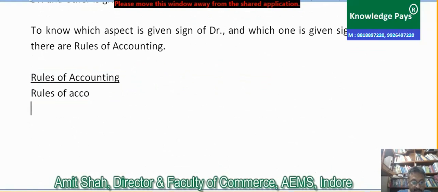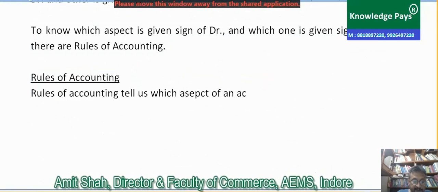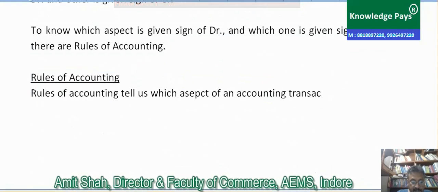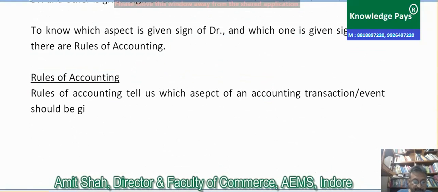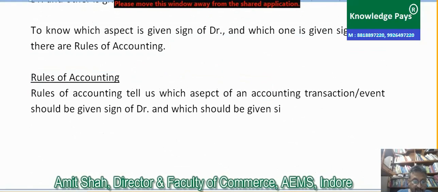So rules of accounting, though I have already mentioned it here, tell us which aspect of an accounting transaction or accounting event should be given sign of debit and which should be given sign of credit.